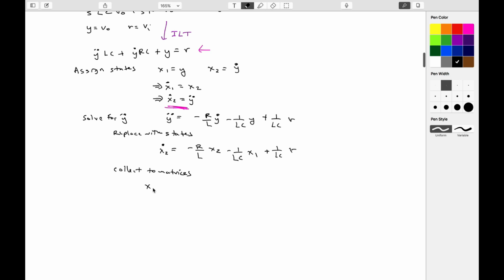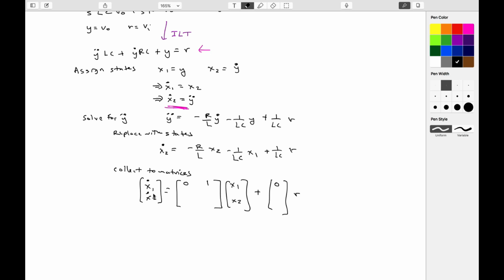And so we would get x1 dot, x2 dot is equal to the following. So x1 dot is equal to 0 x1 plus 1 x2. So x1, x2 is here, plus 0 times r.